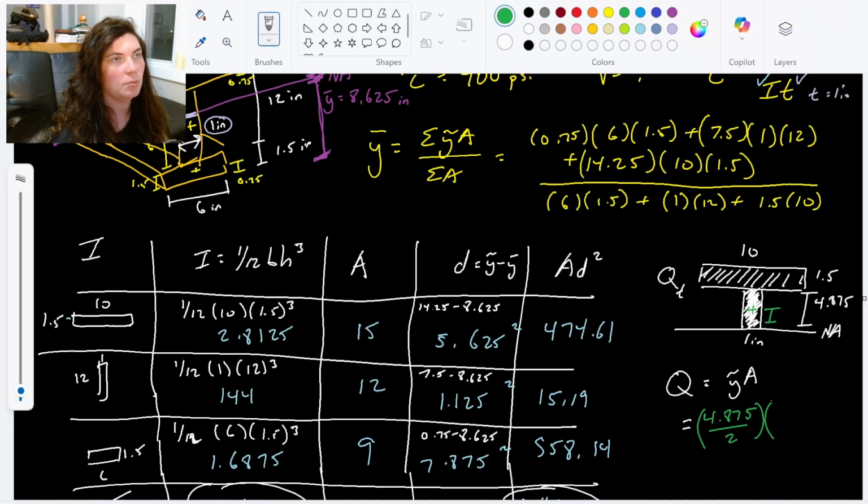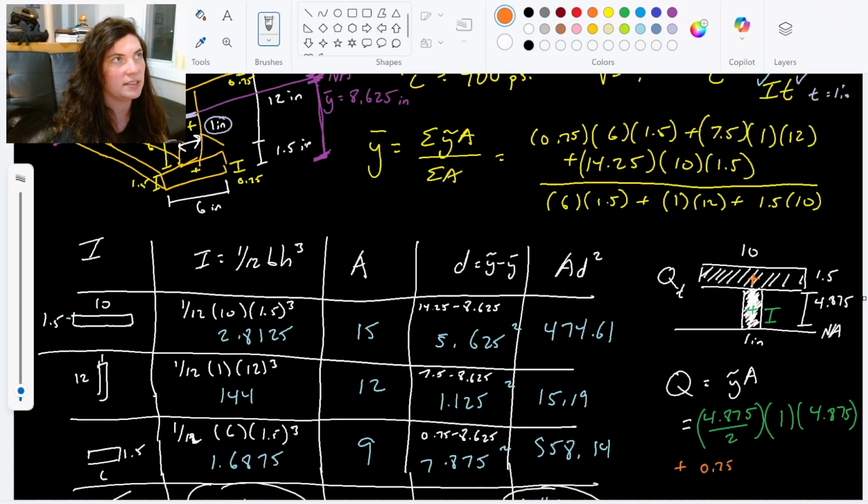And then multiply by the area. So 1 inch base times 4.875 height. That's my bottom rectangle. And then we'll do the top rectangle, cutting right in here halfway through the 1.5. So we know that that's 0.75.